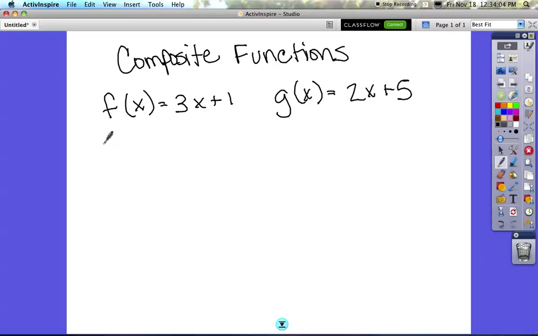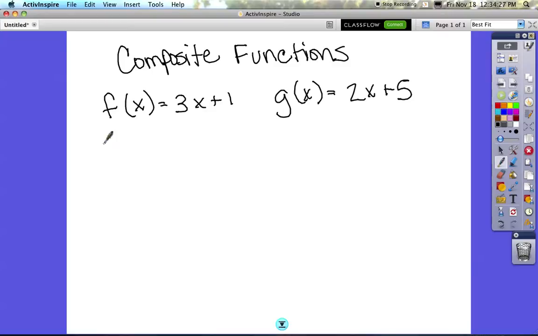Y'all see that? Okay, I've got a g of x, which is 2x plus 5. You may also see h of x. I usually only see f of x, g of x, and h of x, and that's just going to tell you which equation to use.